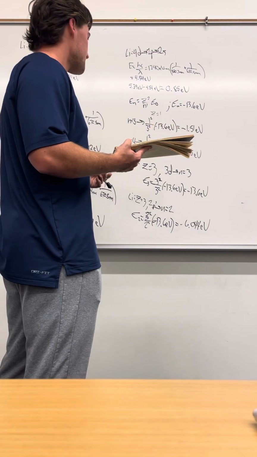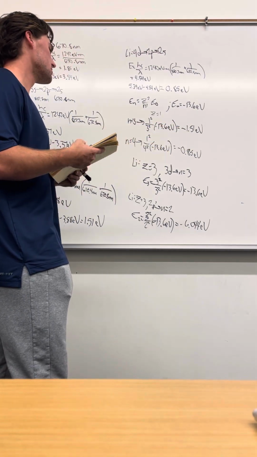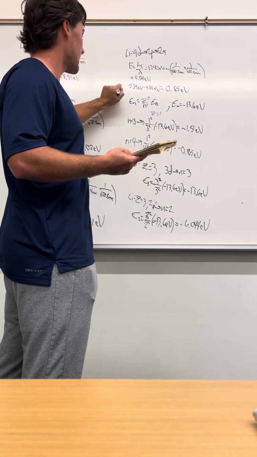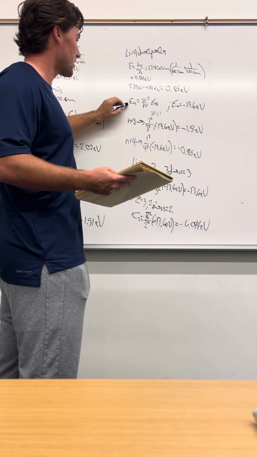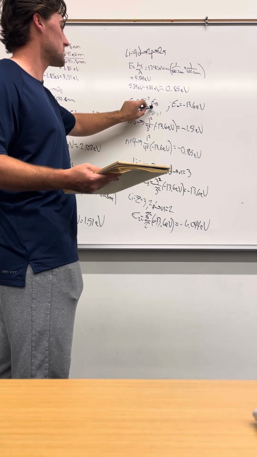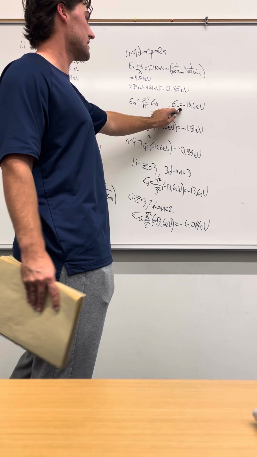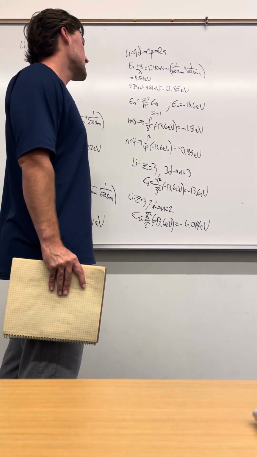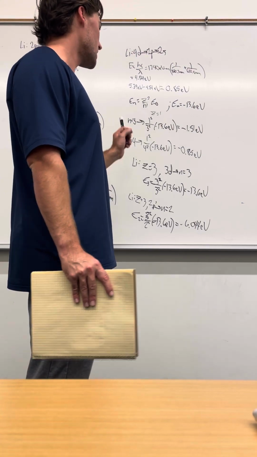Now comparing these to our hydrogen-like atom, the hydrogen-like atom model gives us a general equation of E_n equals Z squared over n squared times E naught, where E naught is negative 13.6 electron volts, and the Z value for hydrogen is 1.